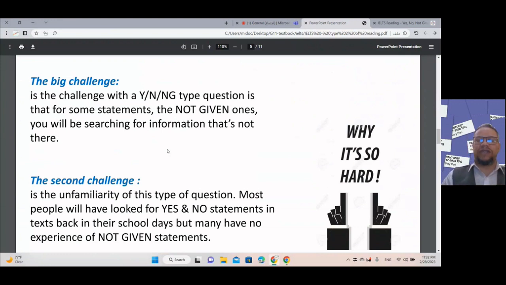Yes is easy to get, no is easy to get, but the big challenge is not given. Not given information is harder than yes information or no information. So you have to search for a statement that is not yes or no, it is not given.